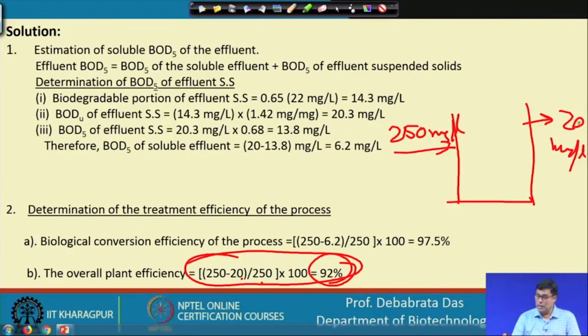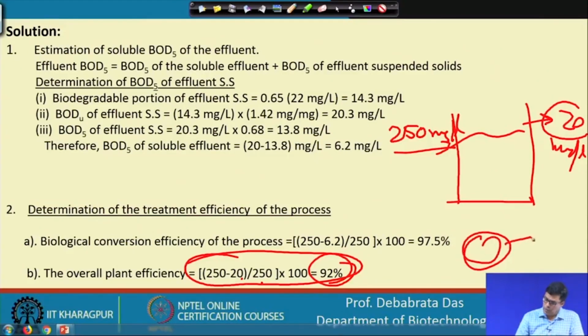Now, this effluent comprises two things: soluble material as well as insoluble material. What is the purpose of the activated sludge process? I told you at the beginning that whatever soluble organics are there are converted to insoluble organics, because your organisms utilize the soluble organics and produce cell mass.